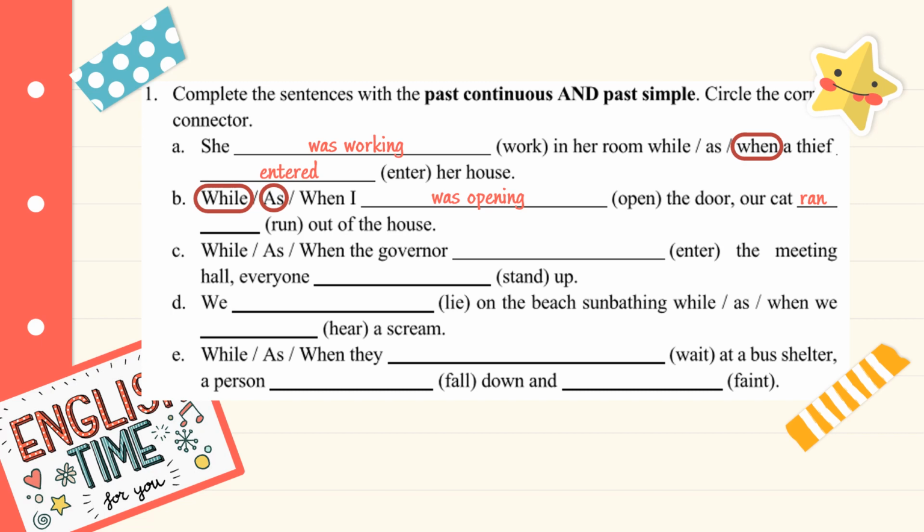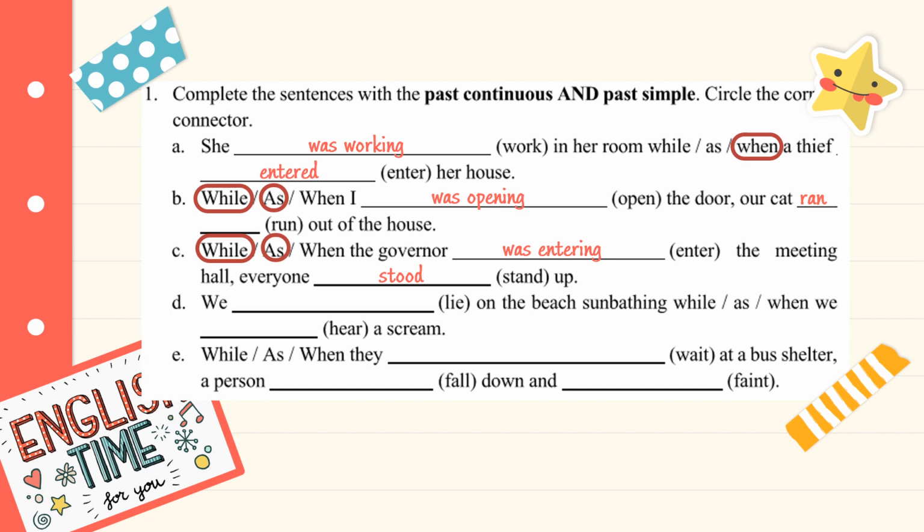Now, C. The connector, as you can see here, is at the beginning of the sentence. So the answer must be while or as. While the governor, this is the past continuous, was entering the meeting hall, everyone stood up. Yes, that's right.